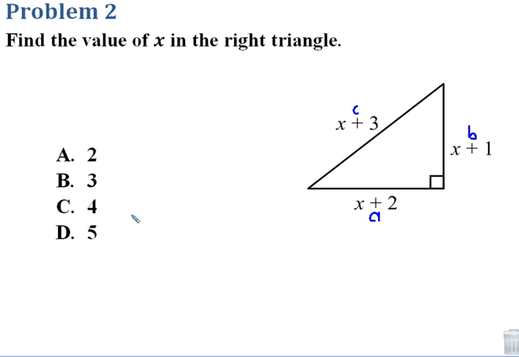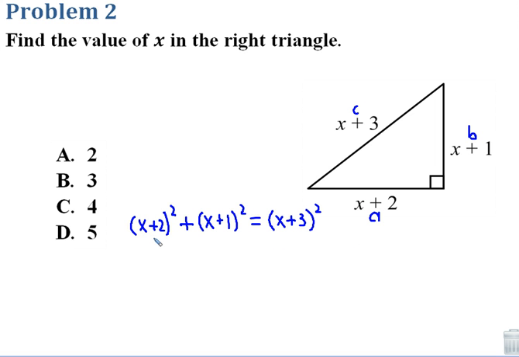For A squared, we're going to have the entire X plus 2 squared. Plus for B, we have an X plus 1 squared. Is equal to C squared, that's going to be X plus 3 squared. Then here what we have to do is actually FOIL things out, actually distribute things.